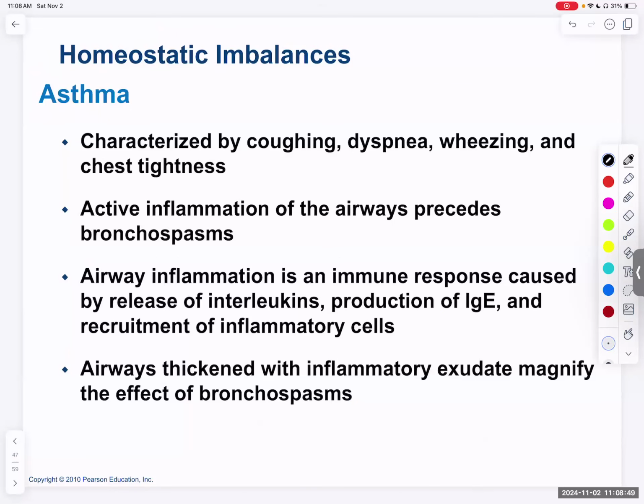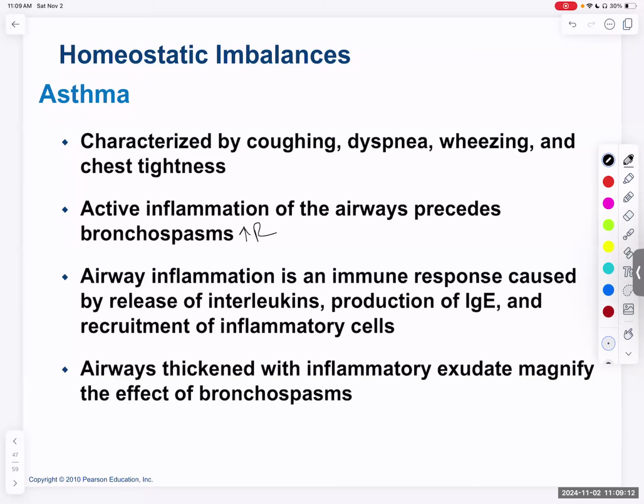Asthma, you're going to have wheezing, you're going to hear the constriction, and so you're going to hear the air have that friction, and that creates this wheezing. Active inflammation is going to also, when it says bronchospasms, that's a bronchoconstriction, right? And that's increasing resistance.